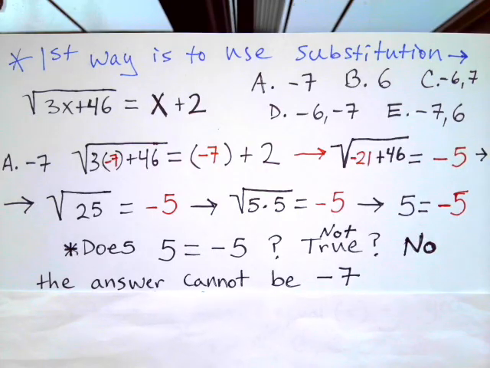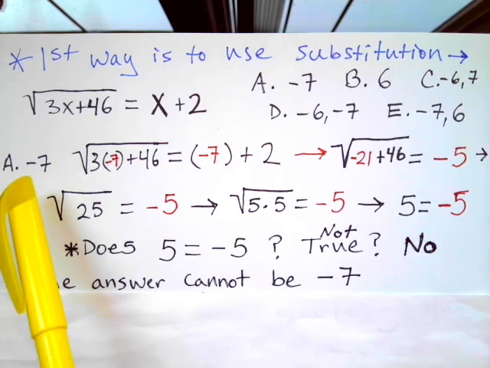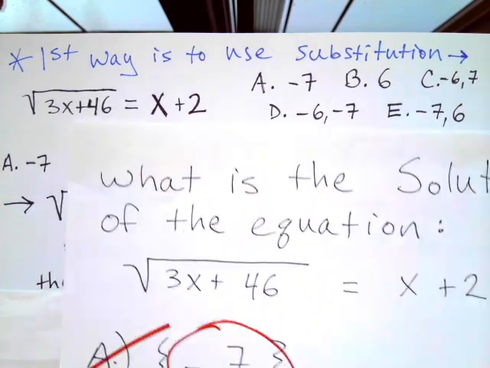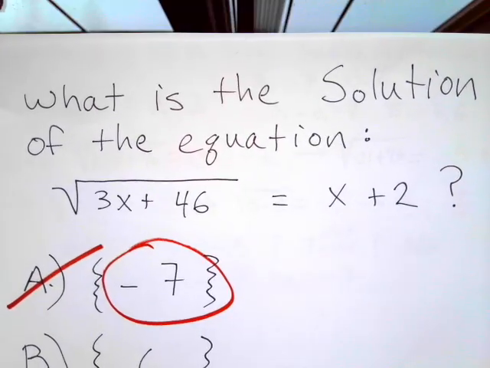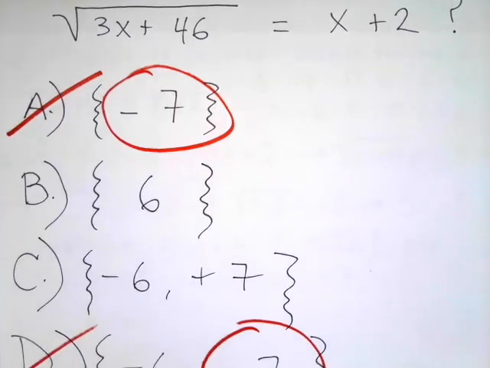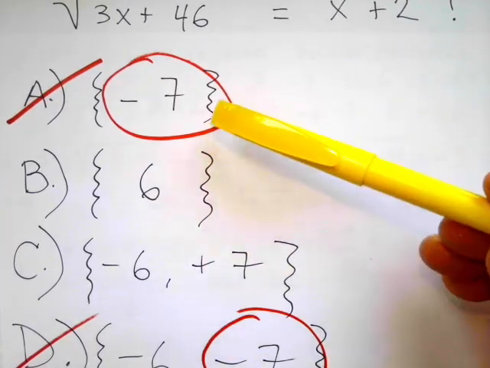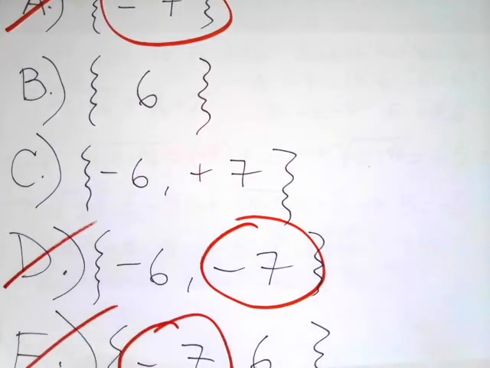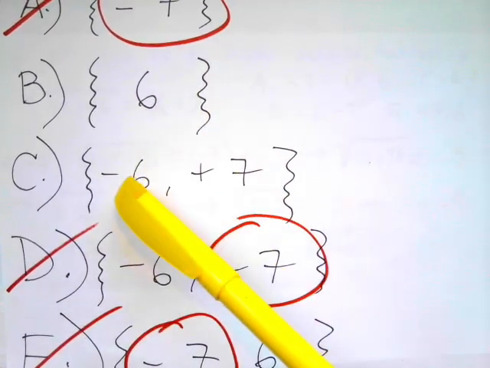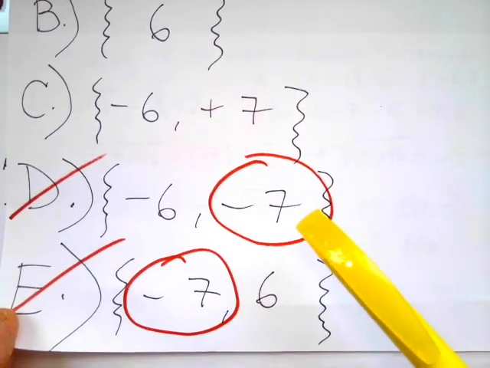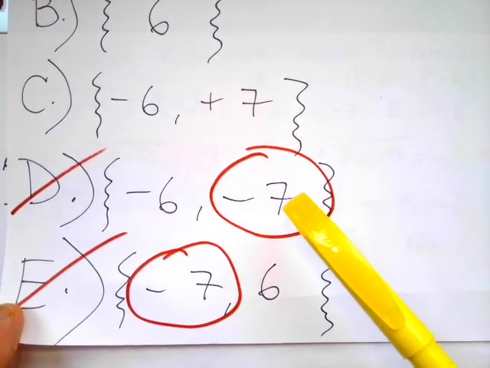So what does that mean? Well, if the answer cannot be -7, I wanted to show you, right? If the answer cannot be -7, then the answer cannot be A. It could be B. It could be C, because that's a +7. But the answer cannot be D, -7.